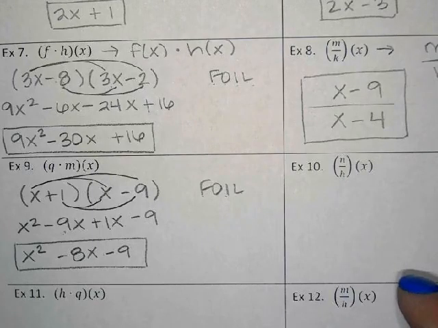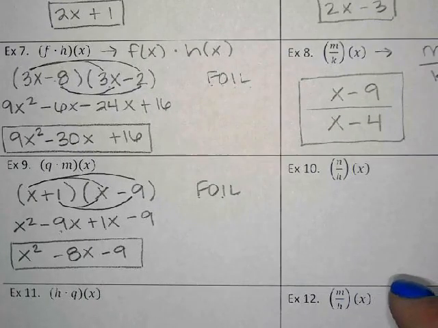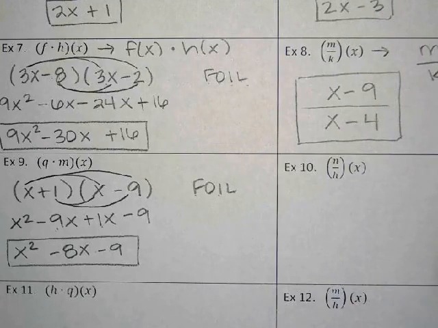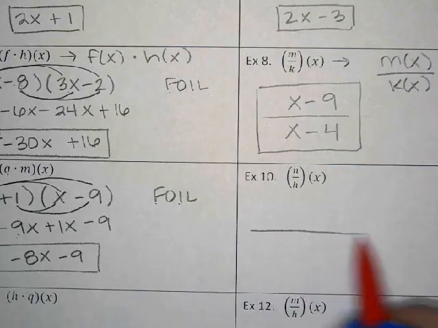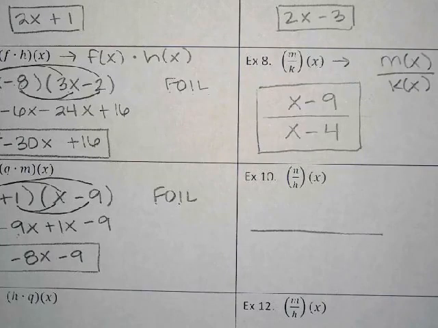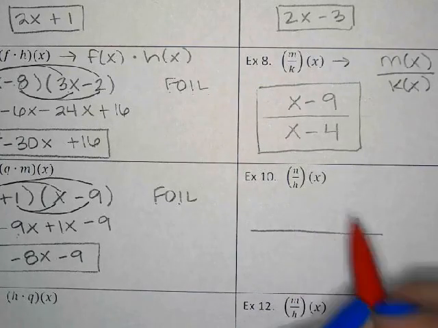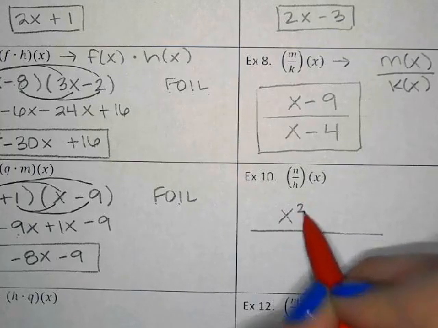Okay, next one's our favorite, division. What goes on top, what goes on bottom? N is on top, so what's on top? X squared plus x. Okay, x squared plus x, and then 3x minus 2. h is on bottom, 3x minus 2, we're done.